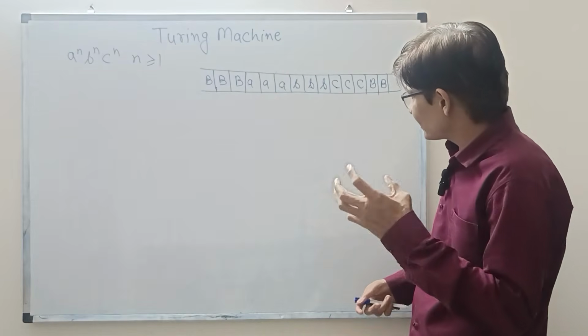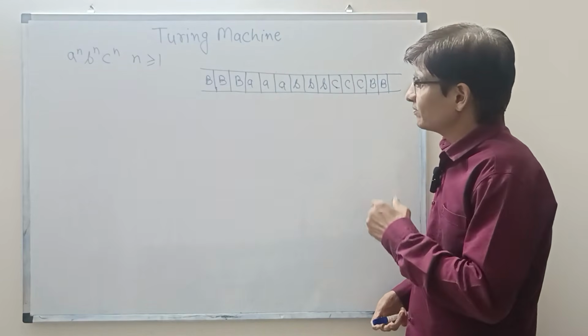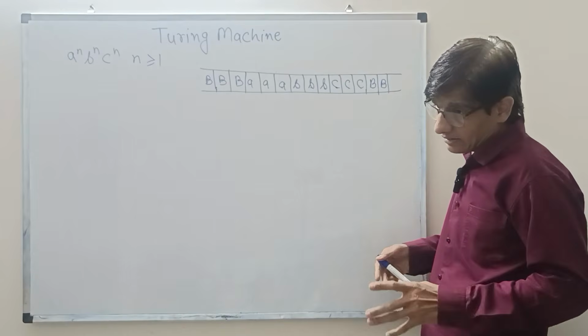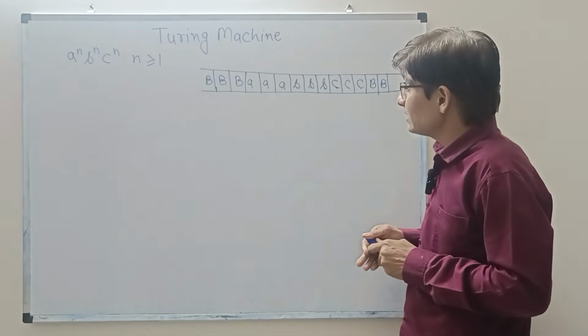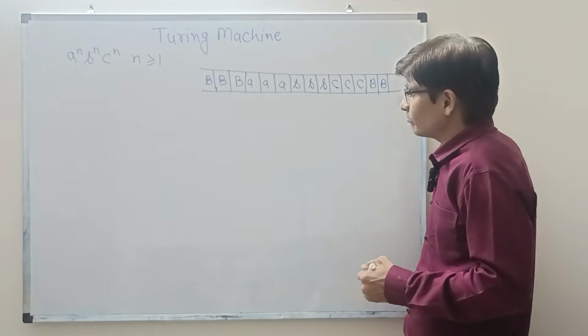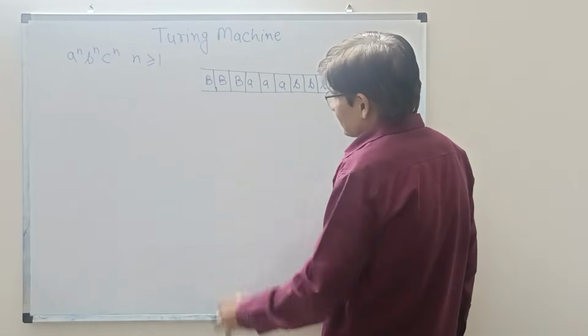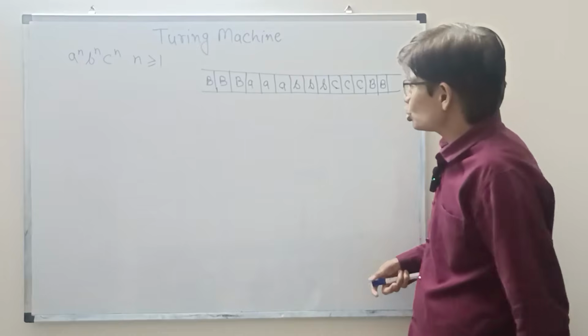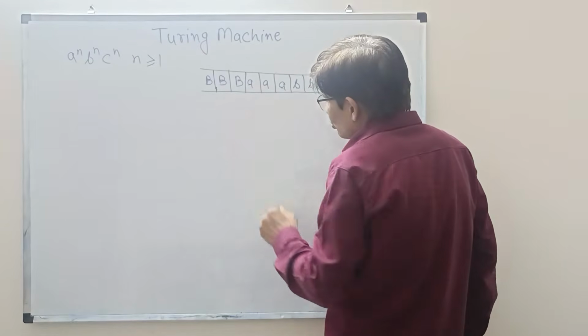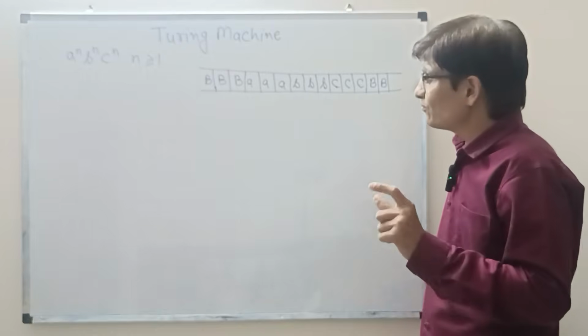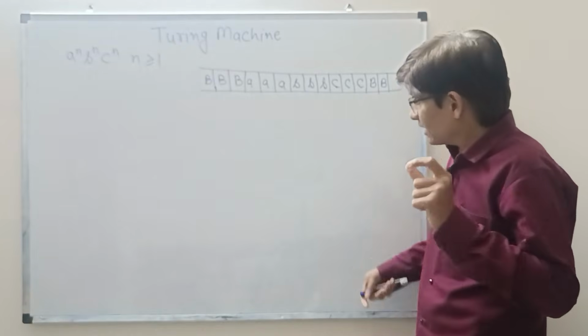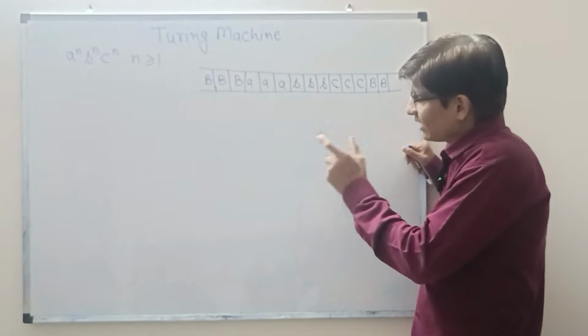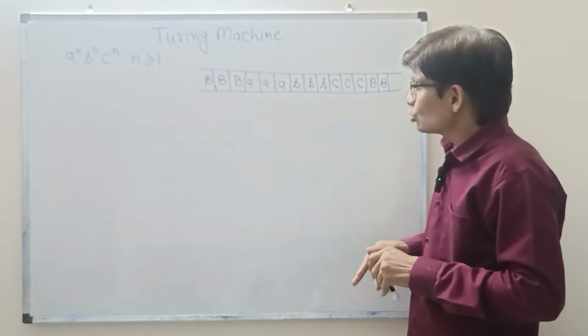First I will tell you the logic of this particular machine, and then we will create the transition diagram. Before starting the transition diagram, we will discuss the logic of this machine. As you know, in a Turing machine you have one infinite tape, and the tape is infinite at both ends.